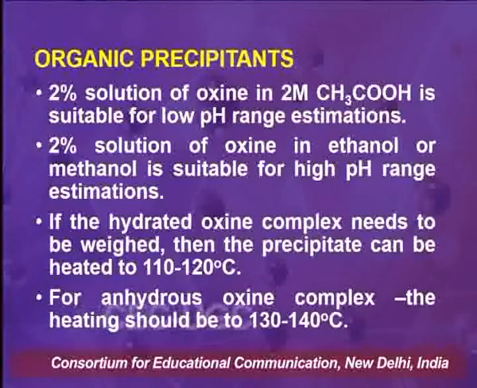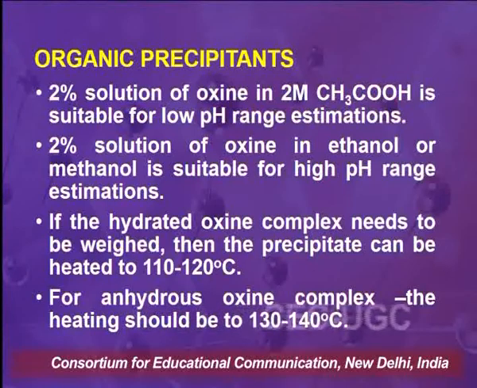Now, the 2% solution of oxine in 2 molar acetic acid is suitable for low pH range estimations. That is, in cases where the precipitate can be formed in an acidic medium or a low pH range, then a 2% solution of oxine can be made in acetic acid. 2% solution of oxine in alcohol, that is ethanol or methanol, is suitable for high pH range estimation.